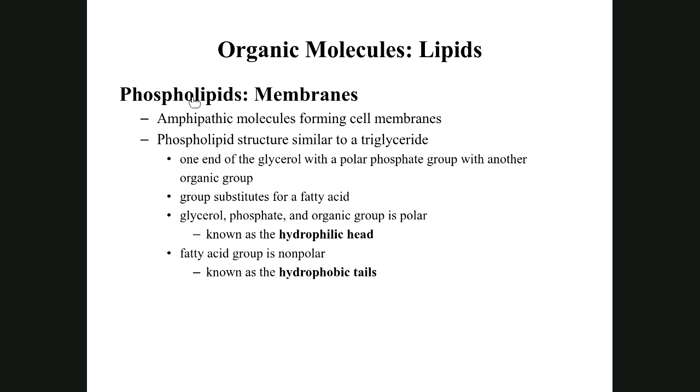Phospholipids are the next group of lipids we want to hit. These guys are super important for cell membranes, and we're going to talk about that when we get to the cell chapter, chapter 4, I think. Again, fat doesn't like water, so phospholipids basically create a layer that pushes water to both sides of the cell.